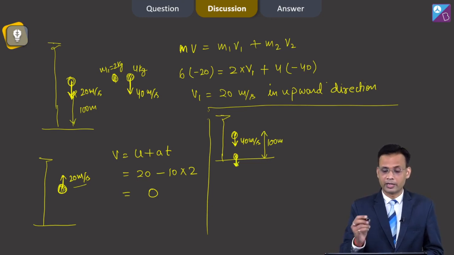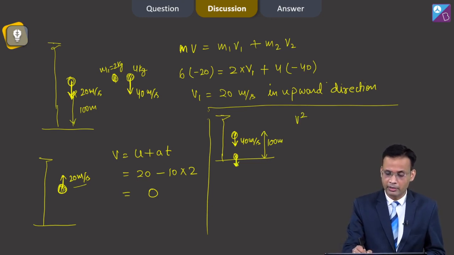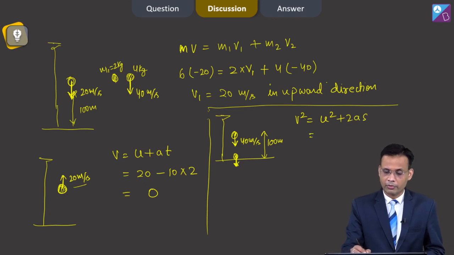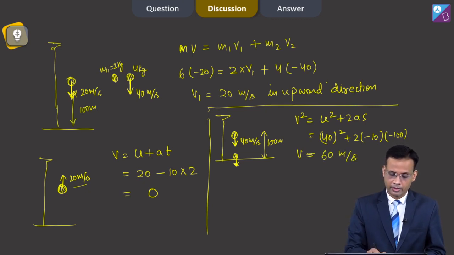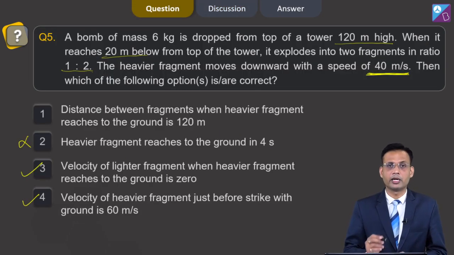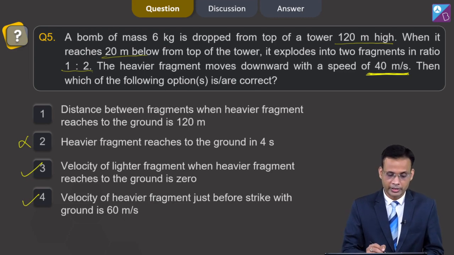By using kinematics equation, v square equals u square plus 2as. So, value of initial velocity is 40, plus 2, acceleration is minus 10, displacement will be minus 100, and if we solve this expression, we get v equals 60 meter per second. So, our option 4 is also the right option of this question.